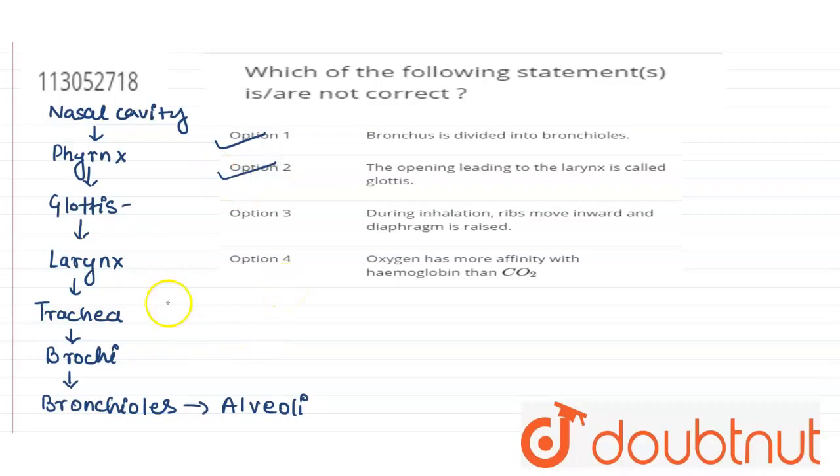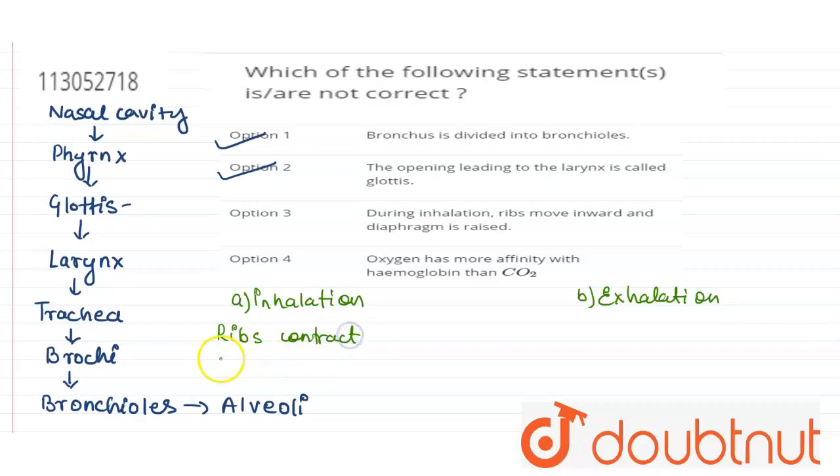Now we will study option number 3. Breathing basically has two procedures. The one we know as inhalation, and the other one is known as exhalation. The question is saying that during inhalation, ribs move inward and diaphragm is raised. In the inhalation process, the ribs basically contract, and they move in an upward and outward direction.